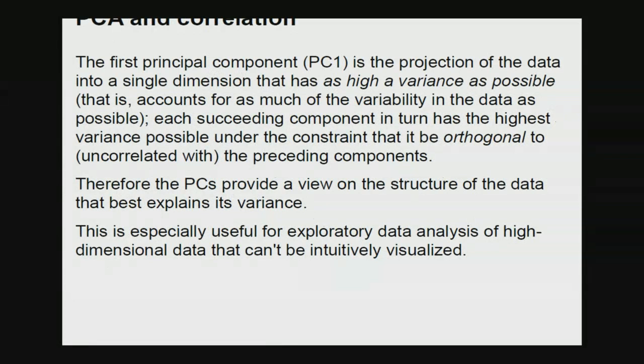After that, you project it to that new coordinate so that you can reduce dimension. Then each succeeding component in turn has the highest variance possible under the constraint that it is orthogonal to the preceding component. Therefore, the principal components provide a view on the structure of the data that best explains its variance.